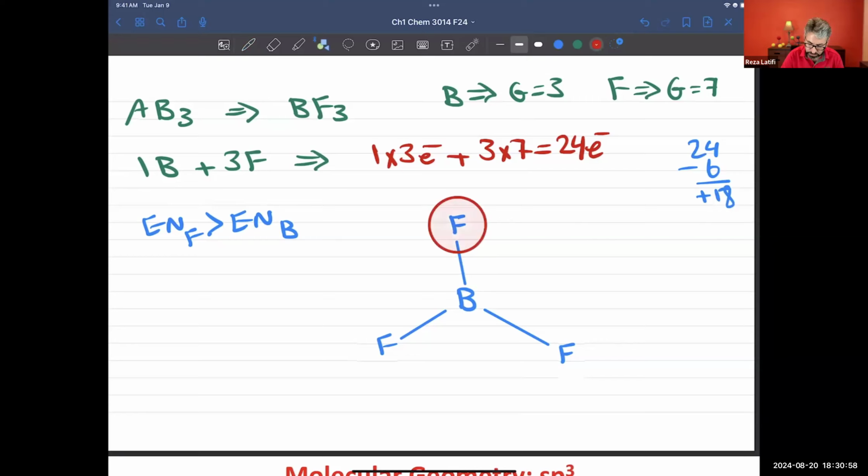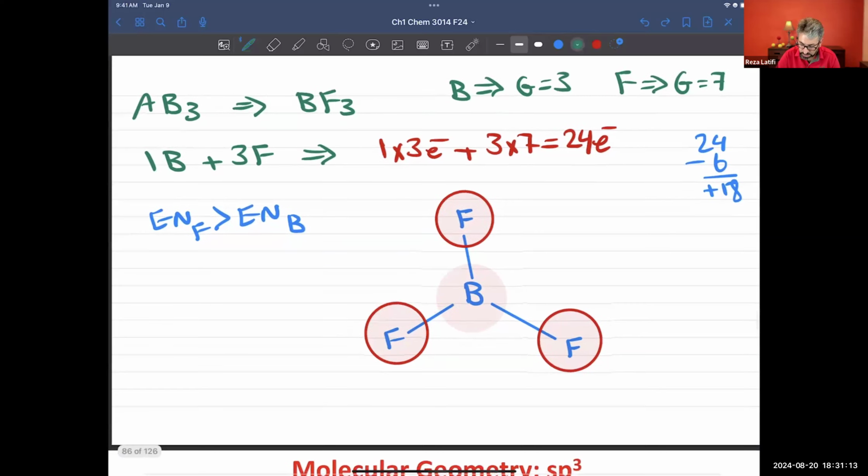I draw a circle around each outer atom. I can do it also with the central atom, but for now, let's just zoom on outer atoms. So the outer atoms, we need to give them 6 electrons. So I'm going to give each one 6 electrons, minus 6 electrons, and I'm going to repeat this one 3 times because I have 3 fluorines.